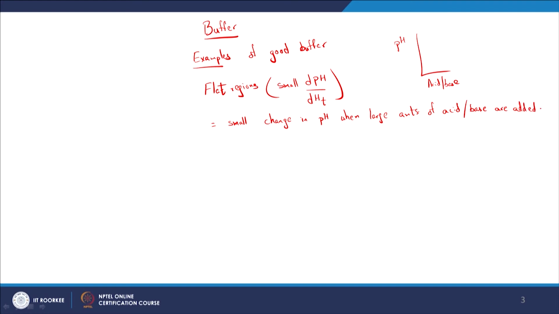This is what we see. So in these flat regions, we see that the system is a good buffer.